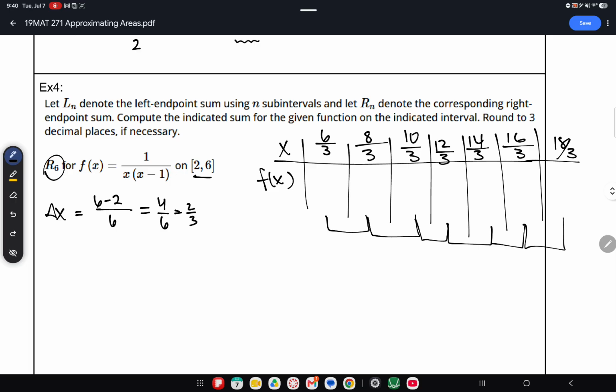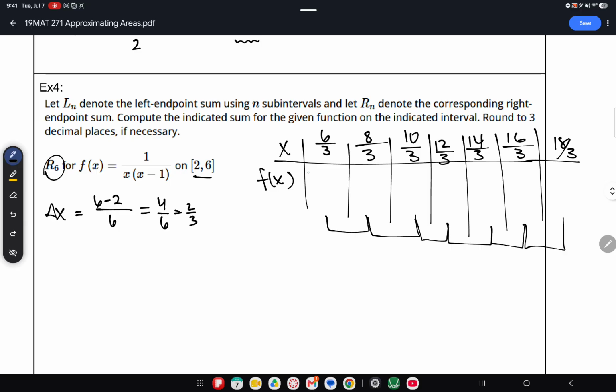Okay, so I'm going to go into a calculator here and define that function. So the function is 1 over x times x minus 1. And let me just plug in these values here.